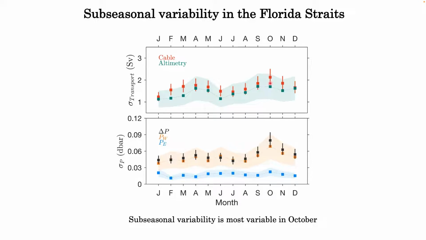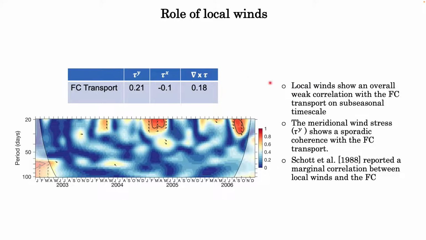It's clear that the standard deviation is maximum in October, indicative of how energetic the subseasonal variation is in October. So what caused this monthly variation that is most energetic in October?